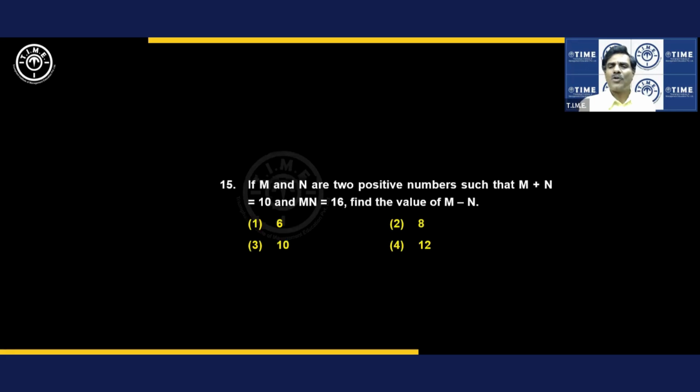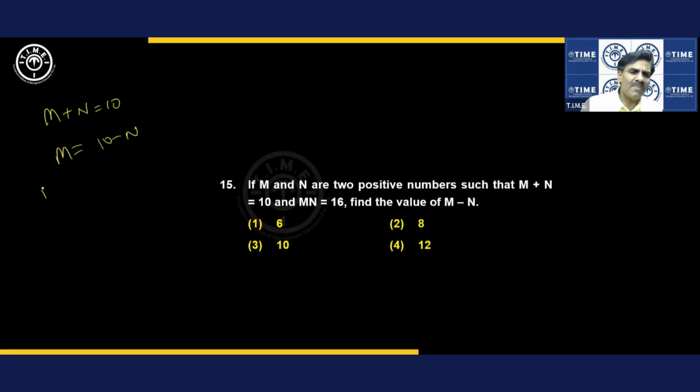If m and n are two positive numbers such that m plus n is equal to 10 and m into n is equal to 16, find the value of m minus n. Right. So m plus n is given as 10, so m is nothing but 10 minus n.